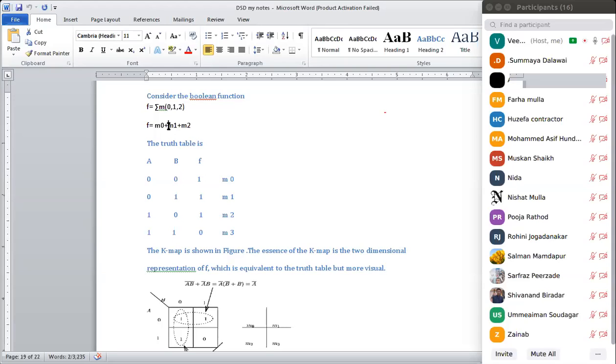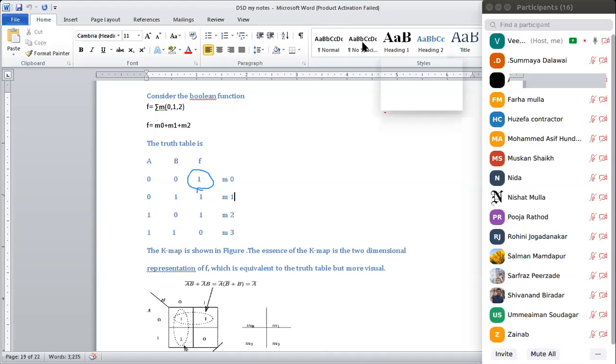Okay. So now what is F for m0? I have to write 1 for m0.